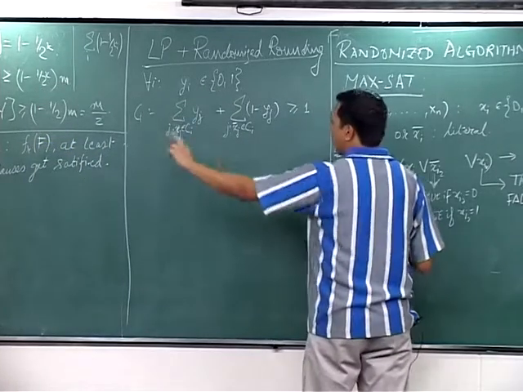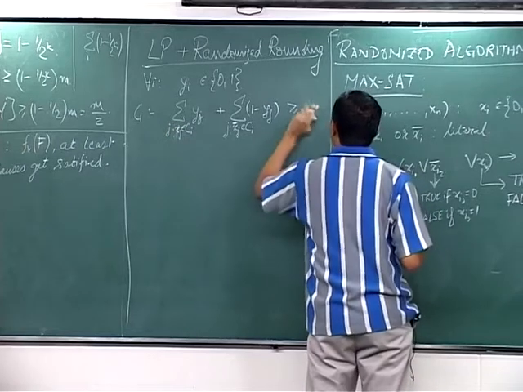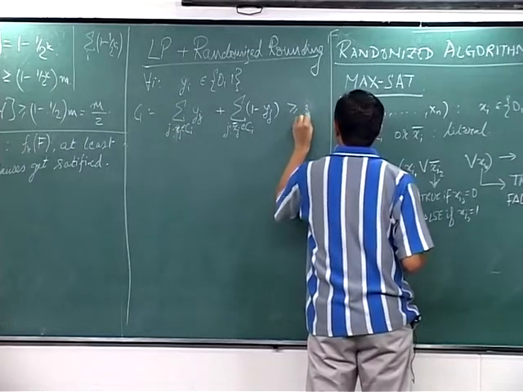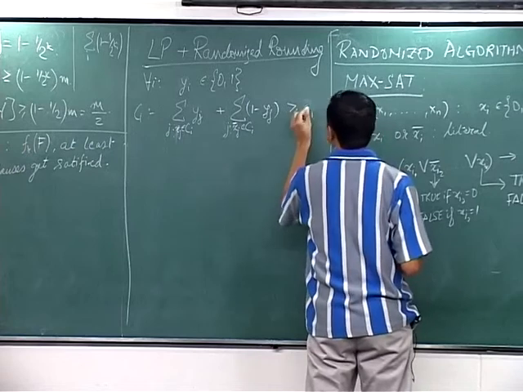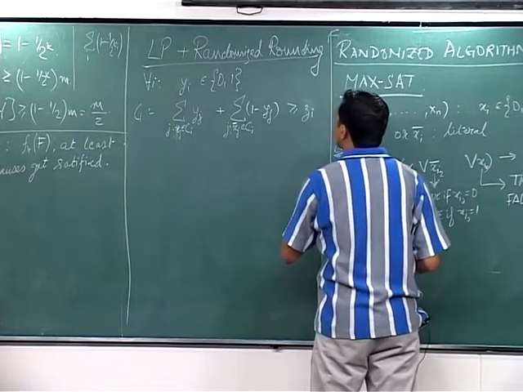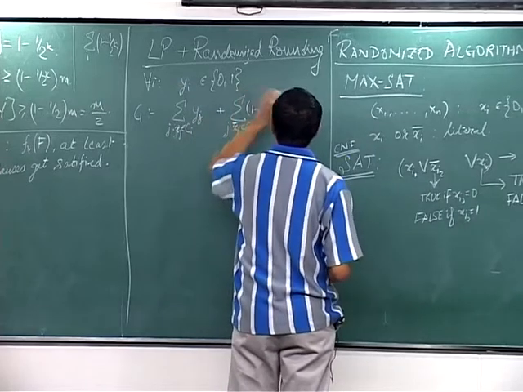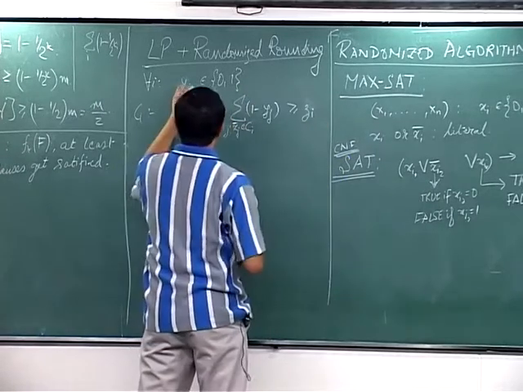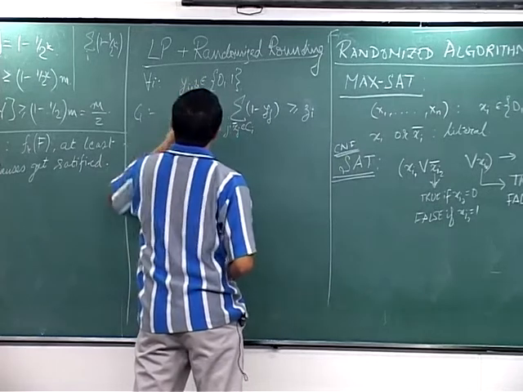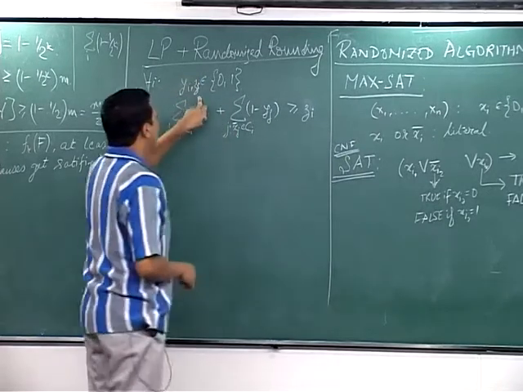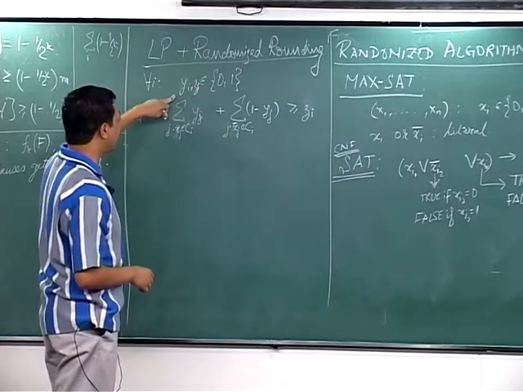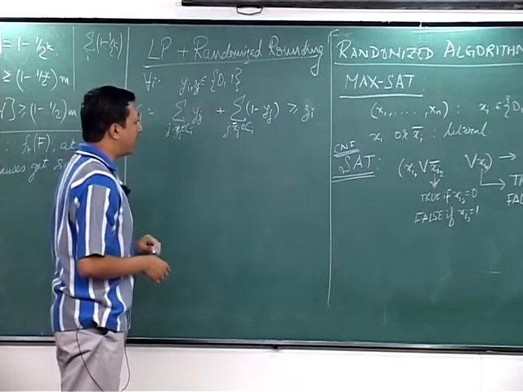So again I'll do something like what I did there. I'll call this zi. The zi's will go from z1 to zm, whereas yi's will go from y1 to yn.